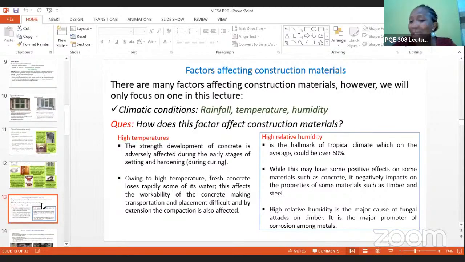Humidity will not have any impact on your hardened concrete, though it can have impact on your cement if you've not used it, but it cannot have impact on already hardened concrete, but it will have great impact on your timber. It can have great impact on steel. So that is humidity. So I expect us to know how these factors affect construction materials.